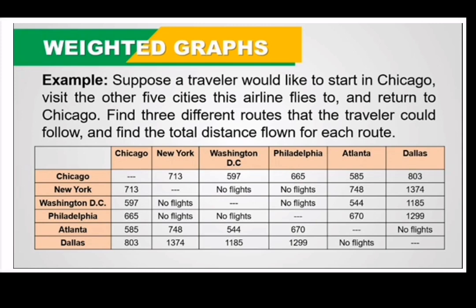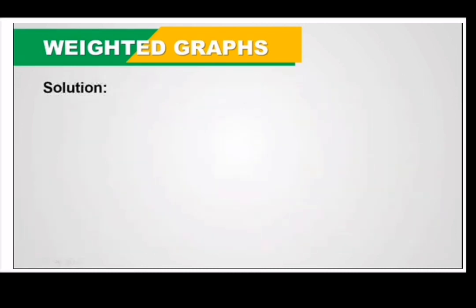So the route we need is a Hamiltonian circuit. This is the table presenting the 5 cities with their corresponding number of miles. This is, by the way, in miles, guys. So the numbers in these rows and columns are in miles.